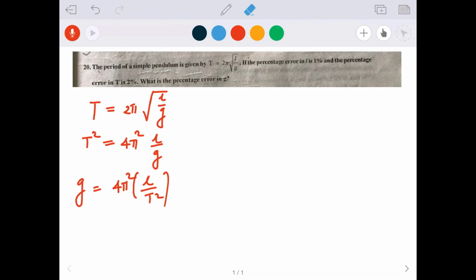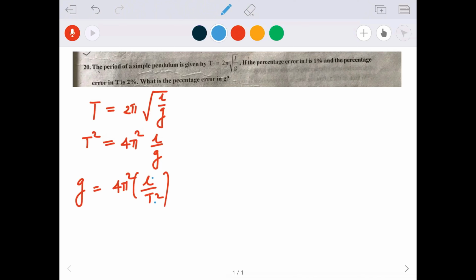In order to calculate the percentage error in g, we must consider the percentage error in L and T. But here the percentage error will be coming in the form of a combination. Here we have two important things.